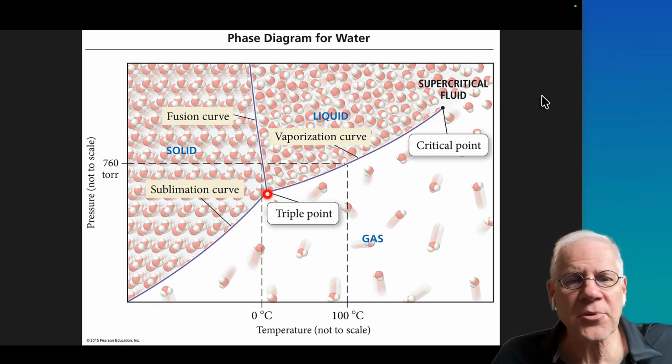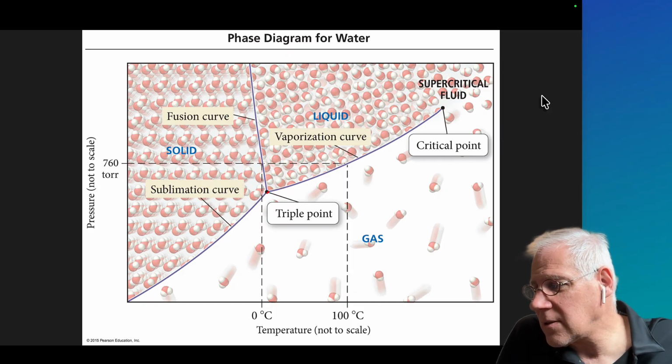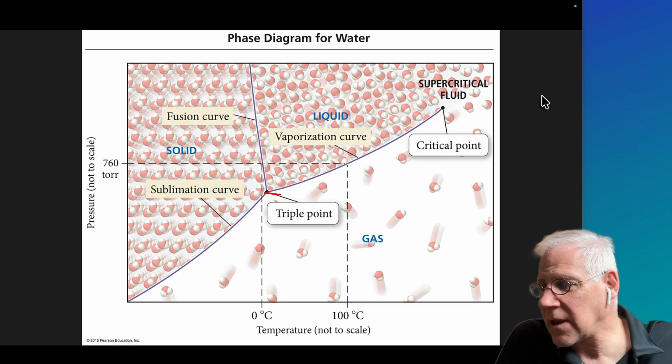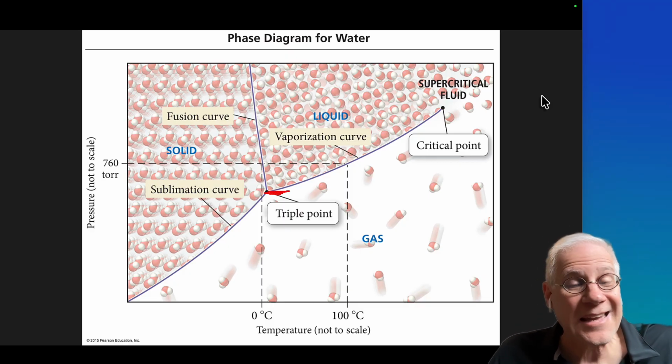Now, if we raise the temperature just a little bit, maybe to 10 degrees Celsius, we get to this point. And if we go straight without changing the pressure, notice that the liquid equilibrium line goes up. And so if we go straight, we're going to end up right in the gas area. And so now all of your water that's there is going to be in a gas phase, and it's all going to evaporate.